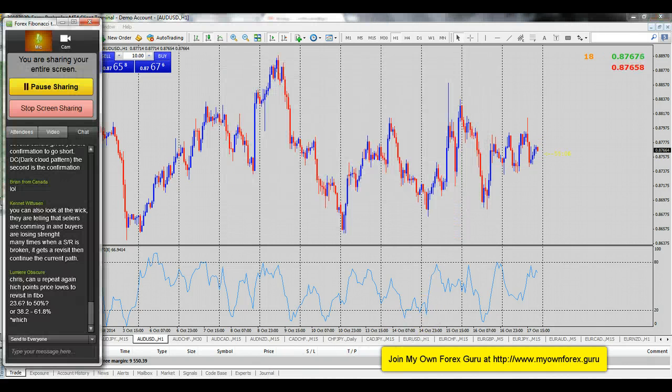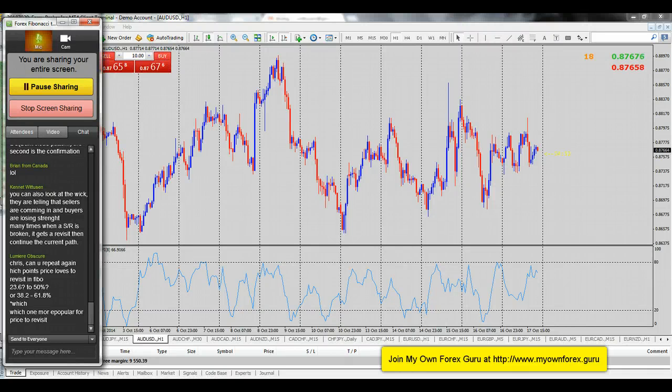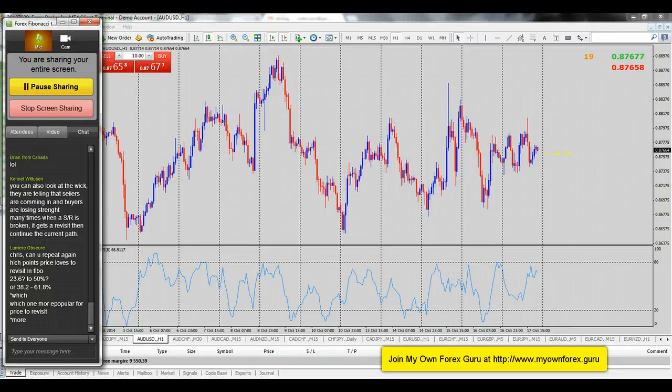Which one is the strongest one? Which one is more popular for price to revisit?